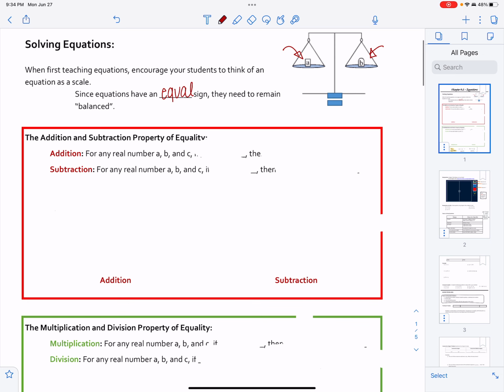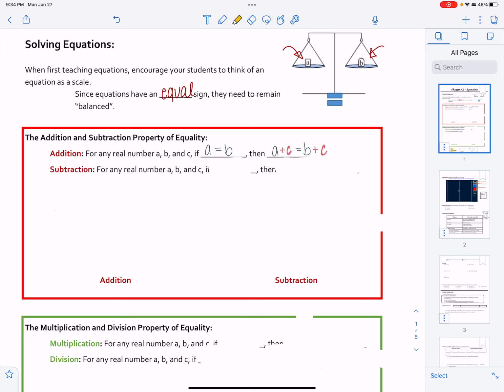So we have a couple of properties of equality. The first property of equality is going to be addition and subtraction. And so the addition property of equality is going to say that for any real number a, b, and c, if a equals b, so we're starting there, then a plus c equals b plus c.